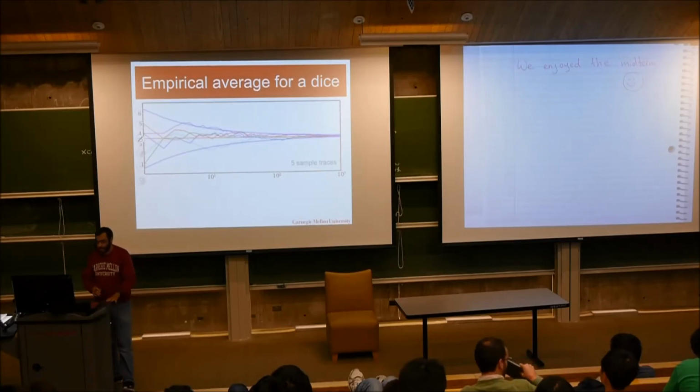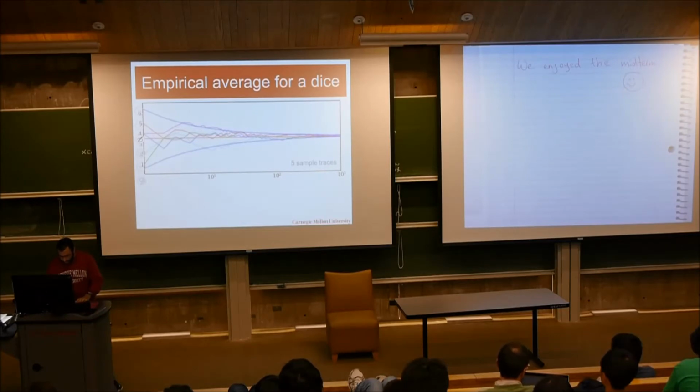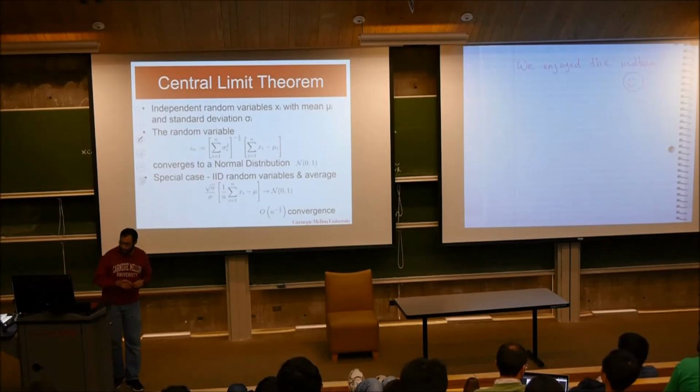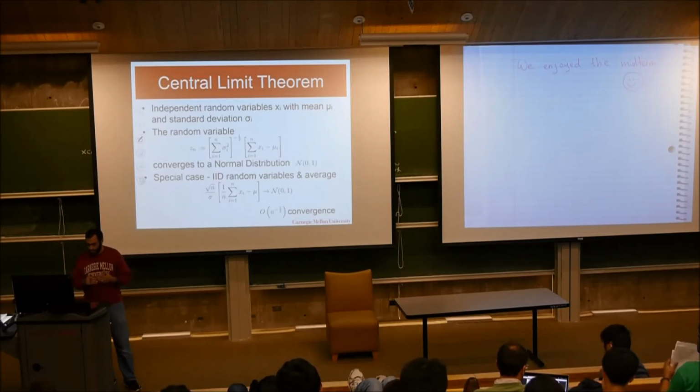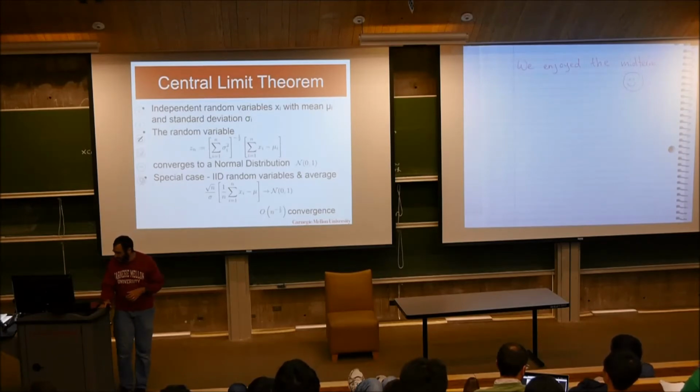We'll see examples where it doesn't. But we didn't know yet how fast it converges. And so here comes the central limit theorem. The central limit theorem gives you more information about this convergence behavior.